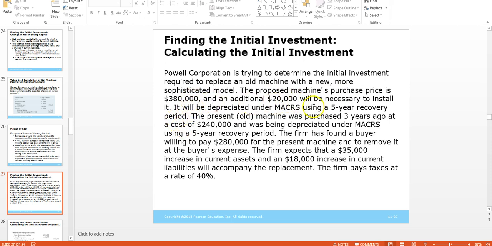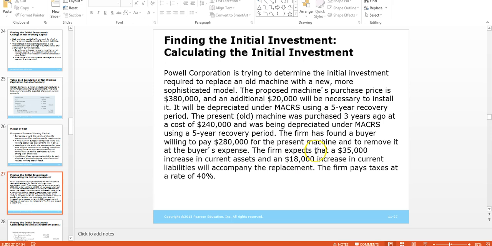We're going to depreciate that under MACRS using a 5-year recovery period. The present machine was purchased 3 years ago at a cost of $240,000 and was being depreciated under MACRS using a 5-year recovery period. The firm has found a buyer willing to pay $280,000 for the present machine and to remove it at the buyer's expense.